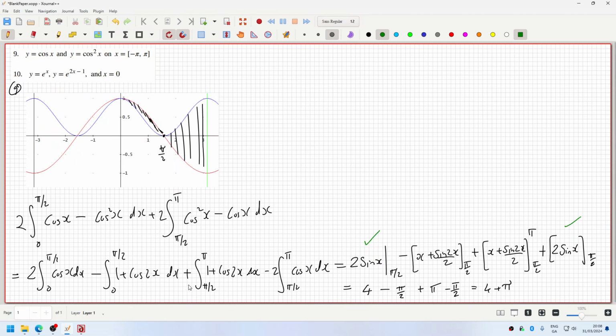Oh well, okay, cos x, cos squared, cos squared, cos x, okay. Pi over 2 and 0, so it just needs pi over 2. And then pi over 2. I need both.